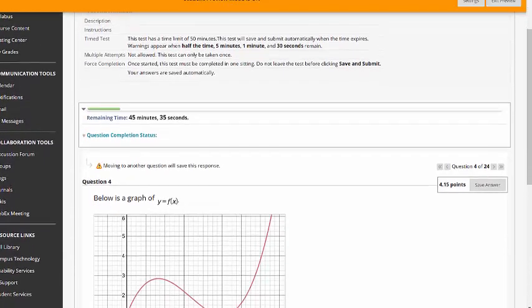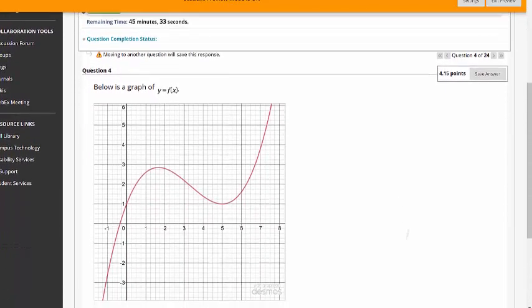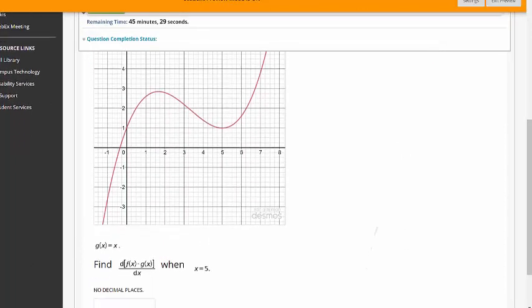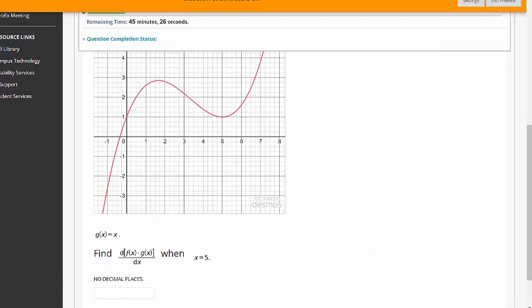All right, so we've got a graph of y equals f of x here, and then we have that g of x equals x. We have the derivative of the product of those two functions, and we want to know what happens when x equals 5. So I want you to notice something about this graph.